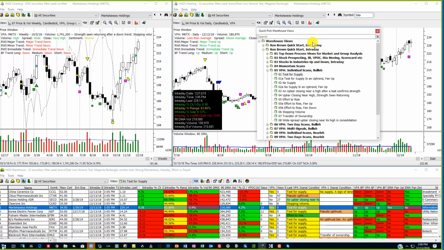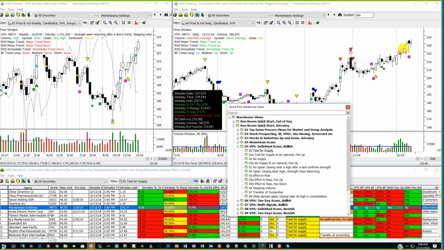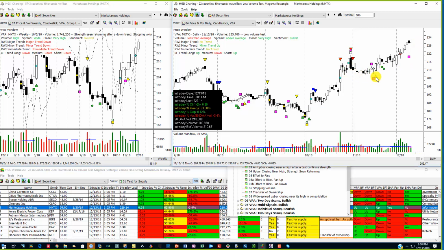It's kind of extended now, but it's a smooth, tight move up. You can see this rounded bottom right here. Here's a test. Here's a confirmation of that test. And John, I know you like to see these two together, but you like to buy them down here.